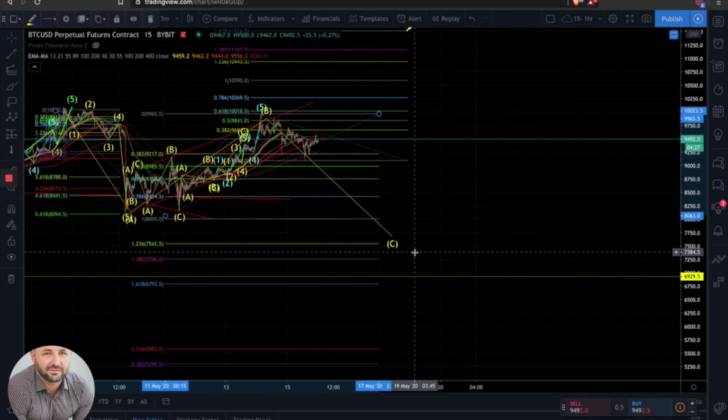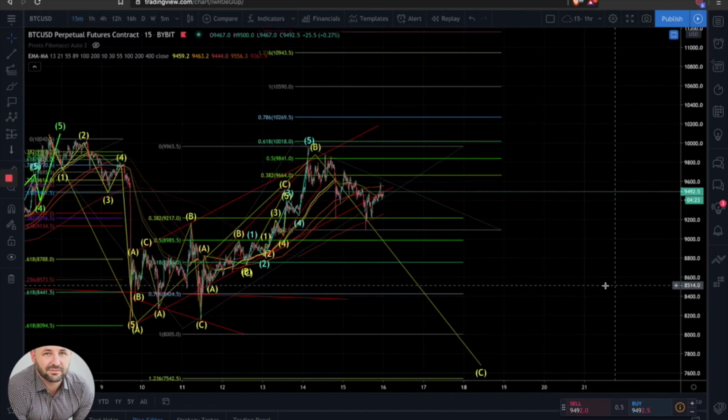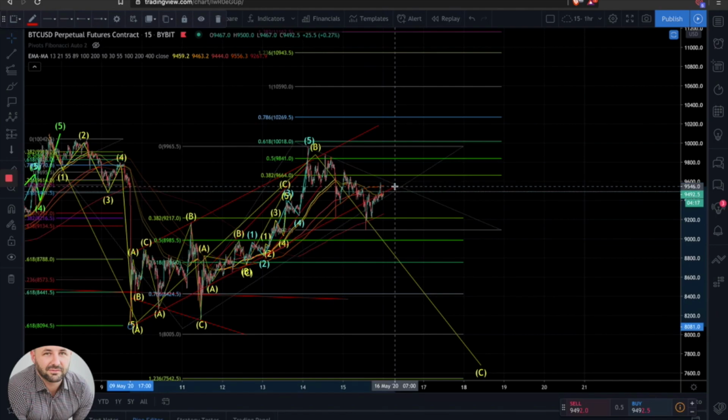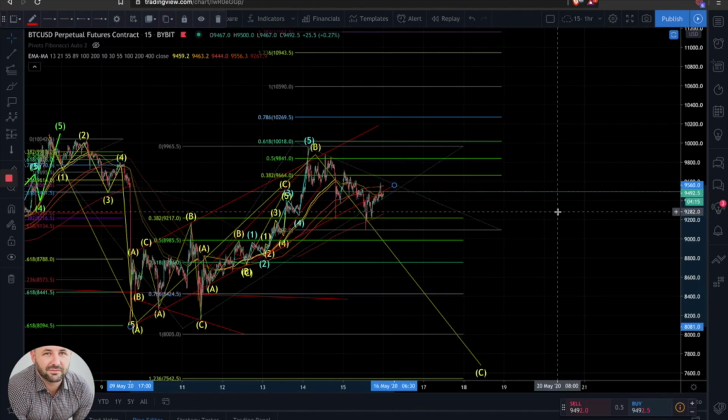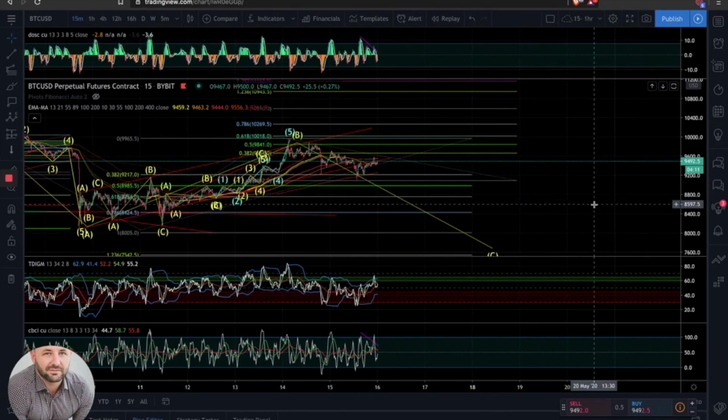So that's what we're looking for, guys. That's ultimately how we're going to know if we kick off that 5 wave, especially with where we are now. Right now, it's looking a little tough on Bitcoin at the moment. I'm not seeing that 5 wave structure come up.